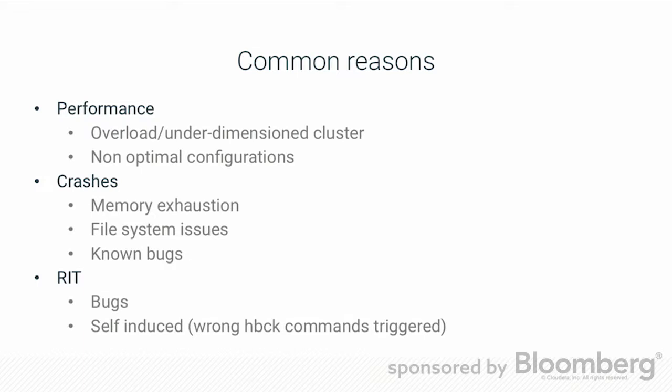We've seen very common support tickets where, prior to reaching our support service, the customer operator tried on their own to fix some problems they were seeing with HBCK commands, and without understanding properly the outcomes of those, they ended up in a state even worse than the original issue.